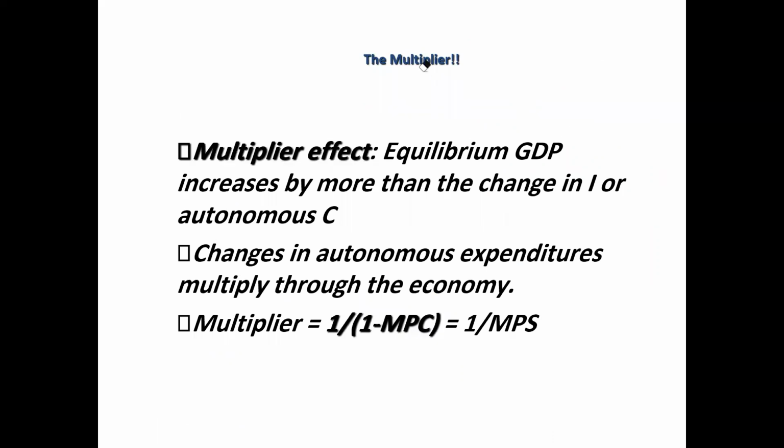The multiplier effect is the effect on equilibrium GDP, which increases by more than the change in investment or autonomous consumption. So changes in autonomous expenditure multiply through the economy, which means that we have a simple multiplier equal to 1 over the marginal propensity to save, or 1 over 1 minus the marginal propensity to consume.